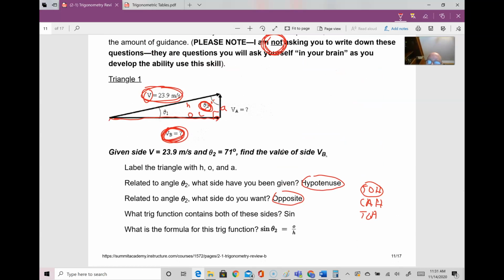This side is almost the whole length of the hypotenuse, so it should make sense that my value of 22.6 meters per second is almost the entire value of 23.9 meters per second. This ratio of the opposite side to the hypotenuse is going to be close to 1.